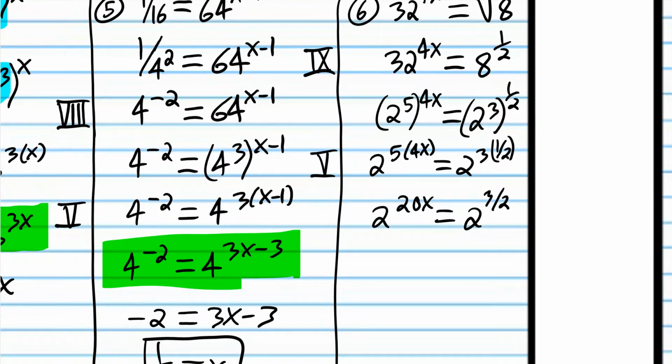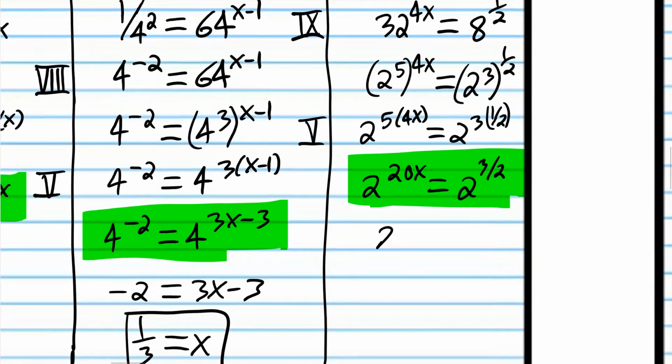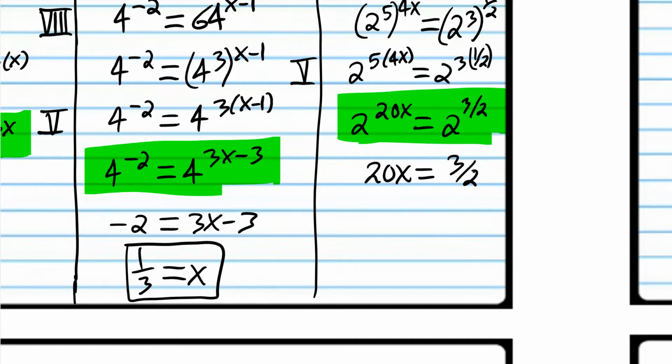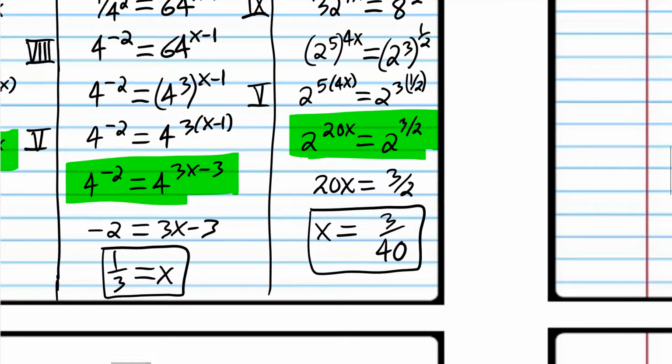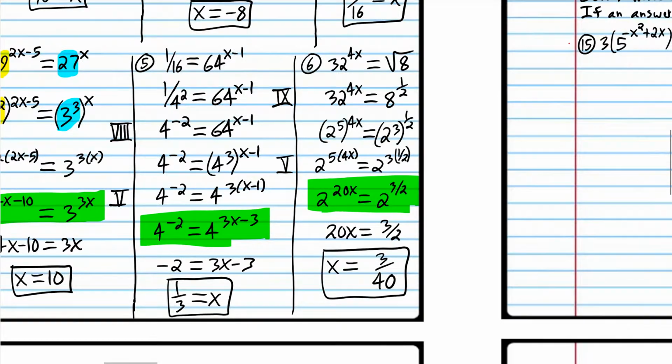And that's the critical step, critical stage. The bases are the same, so we can get rid of the bases. And this is the step that a lot of students have trouble with. You're going to divide both sides by 20, and you get 3 over 40. We went over how to do that on problem number 3. So if you got that answer, that's very, very good.